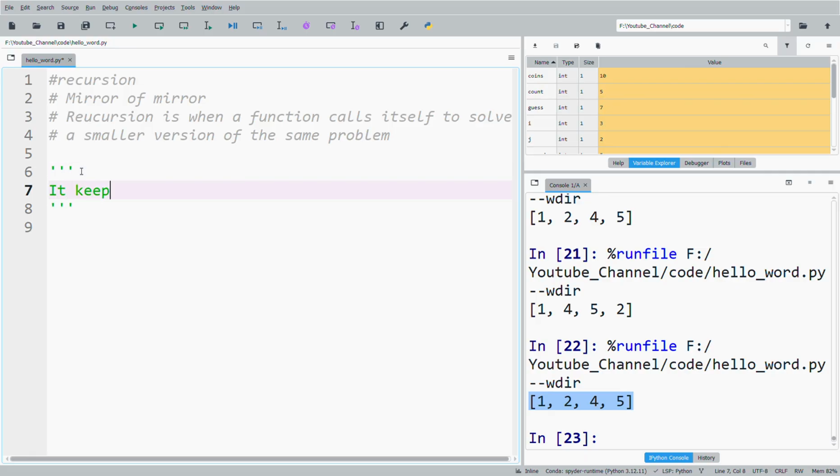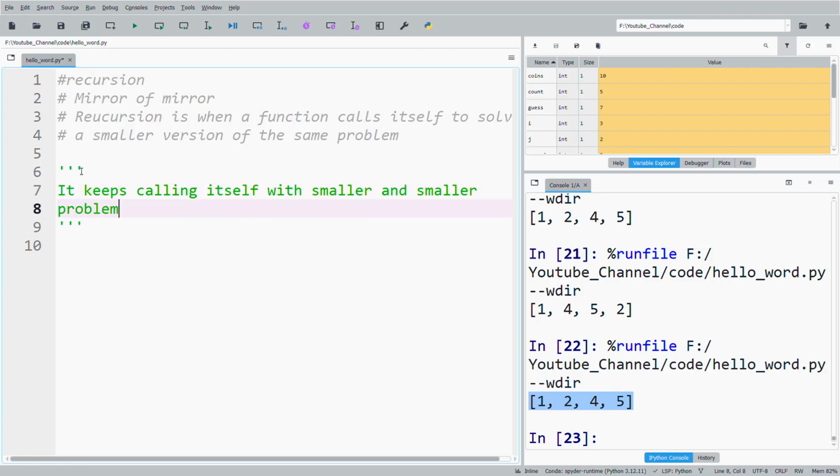It keeps calling itself with smaller and smaller problems until it reaches a very simple case it can solve.